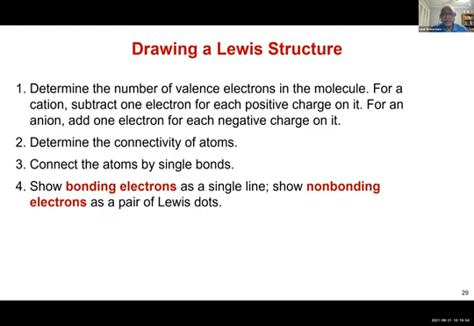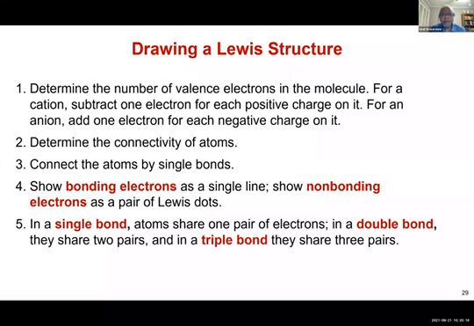Bonding electrons are shown as single lines. Non-bonding electrons are found on an atom by itself, as pairs of Lewis dots. Dots are used for non-bonding electrons. They are not participating in bonding between 2 atoms.